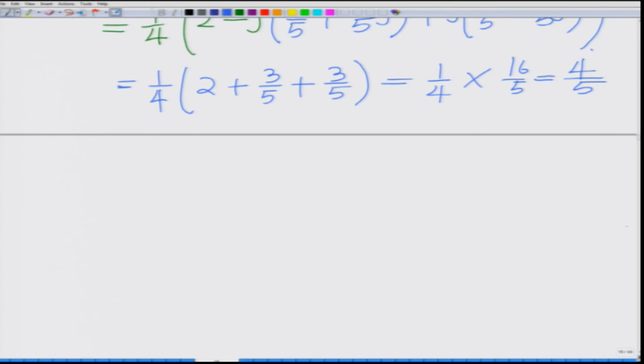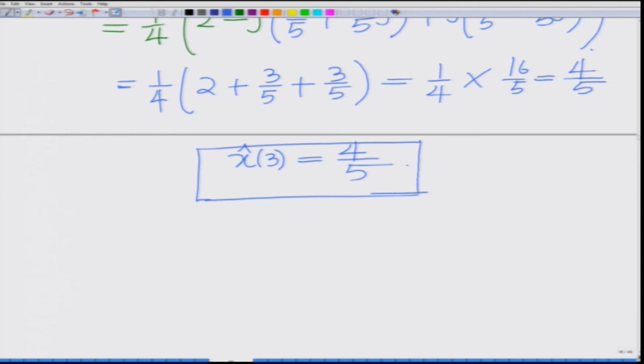Therefore, small x hat of 3 equals 4 over 5.